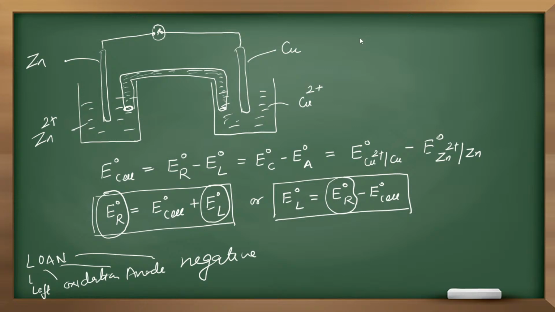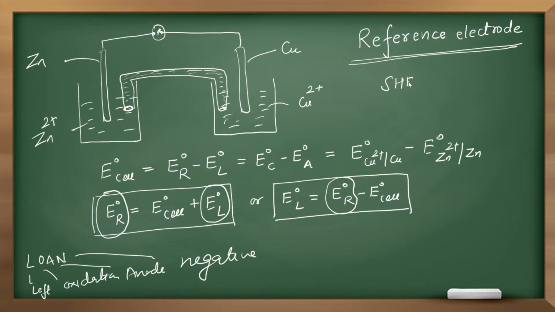That's why we need an electrode whose concentration is known and at the same time its reduction potential is known to us, and that is called a reference electrode. So we need a reference electrode, and standard hydrogen electrode is one of the reference electrodes whose E naught value is equal to 0.